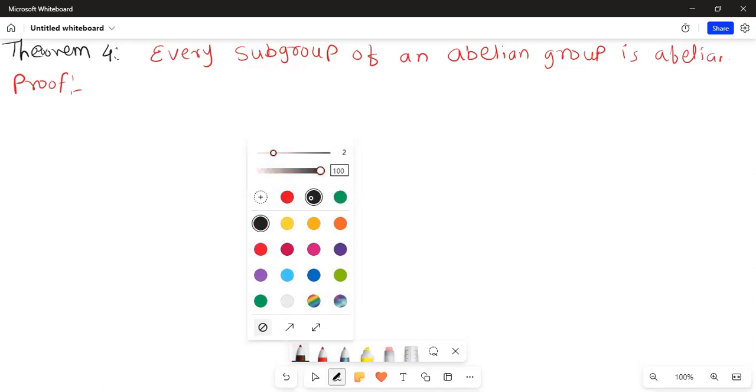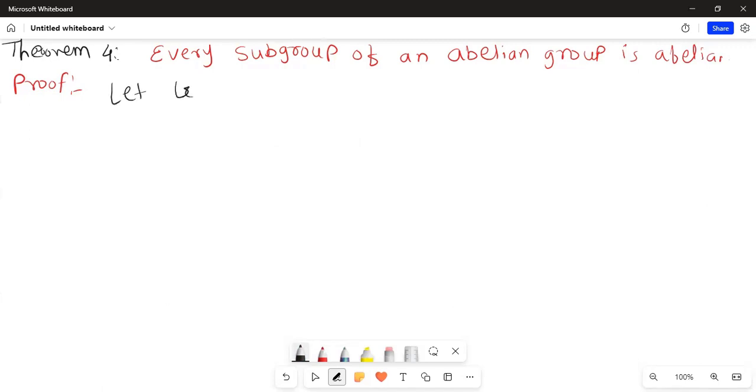देखो यहाँ पे क्या करना है, एवरी सब ग्रुप ऑफ एन अबेलियन ग्रुप इज अबेलियन, ये हमें प्रूफ करना है. सो लेट जी बी एन अबेलियन ग्रुप. अबेलियन ग्रुप है तो इसमें एसोसिएटिविटी, आइडेंटिटी, एग्जिस्टेंस, कम्यूटेटिविटी, ऑल प्रॉपर्टीज सेटिस्फाई होती है.